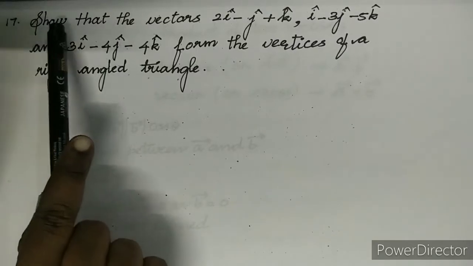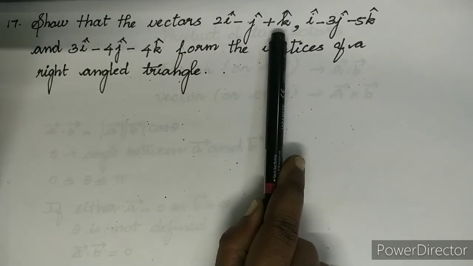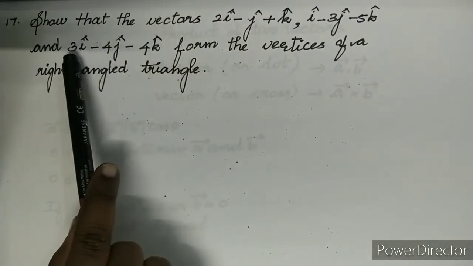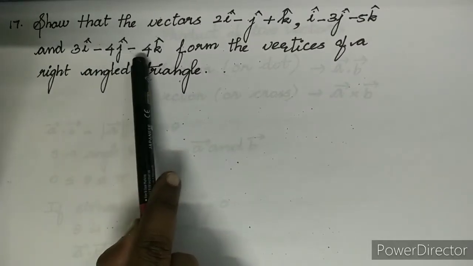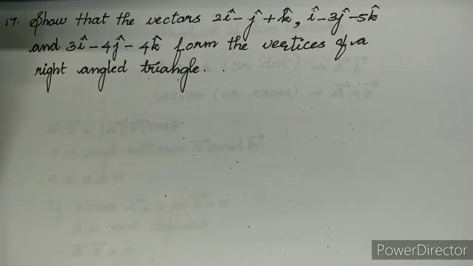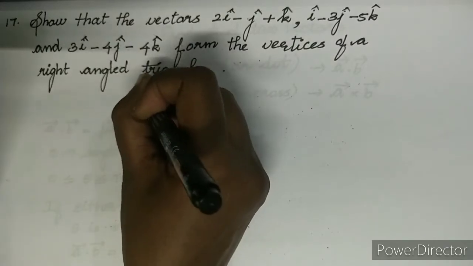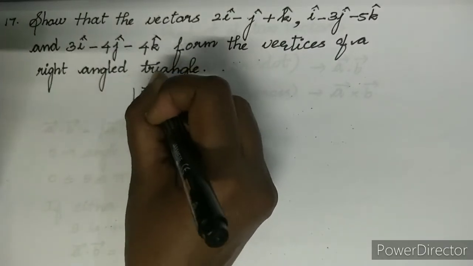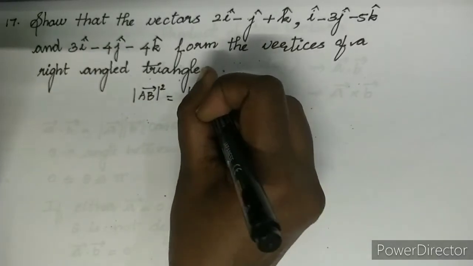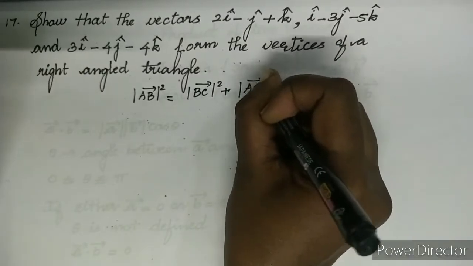Question number 17. Show that the vectors 2 i cap minus j cap plus k cap, i cap minus 3 j cap minus 5 k cap and 3 i cap minus 4 j cap minus 4 k cap form the vertices of a right angle triangle. That is, we have to show magnitude of AB vector square is equal to magnitude of BC vector square plus magnitude of AC vector square.